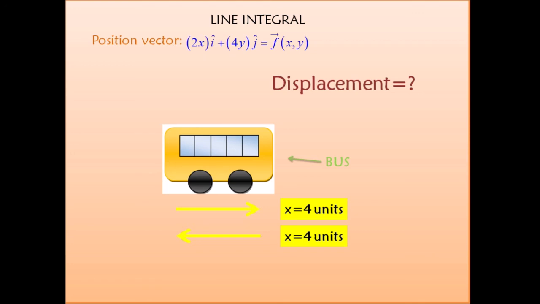So I would ask you to write the displacement of this position vector that this bus has traveled, and I will be correcting you in the next video. So do comment on the displacement of this bus.